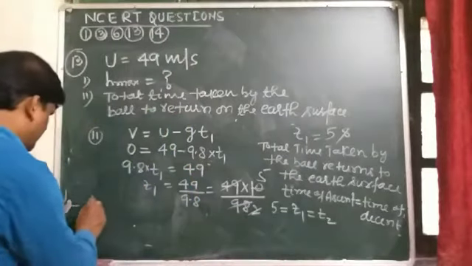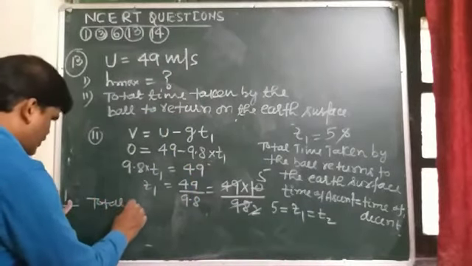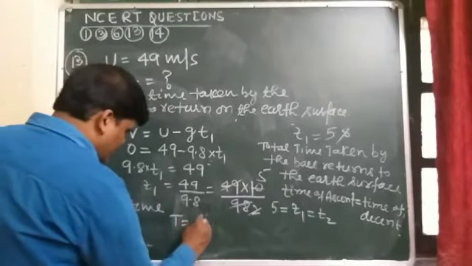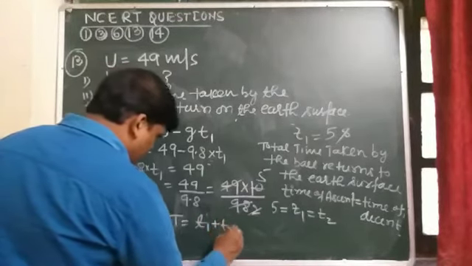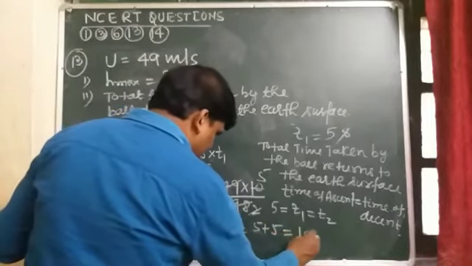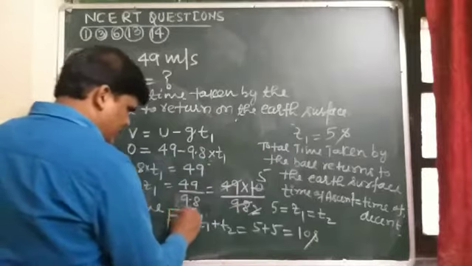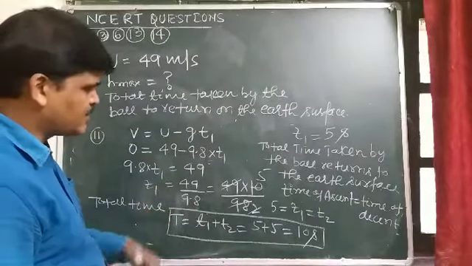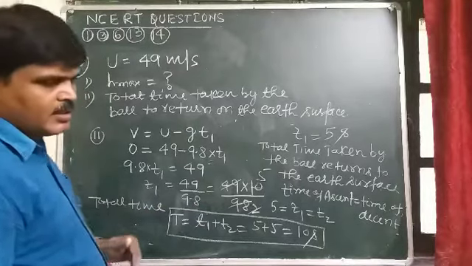So total time T equals T1 plus T2, which is 5 plus 5, that is 10 seconds. So total time taken by the ball to return to the ground is 10 seconds. And this is the answer for question number 13.